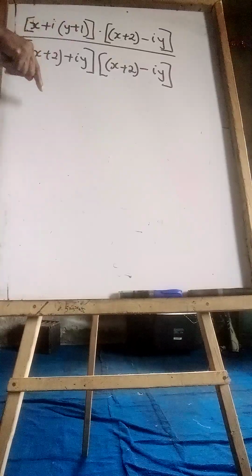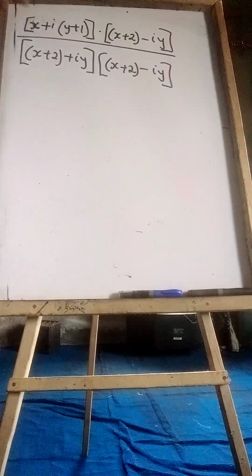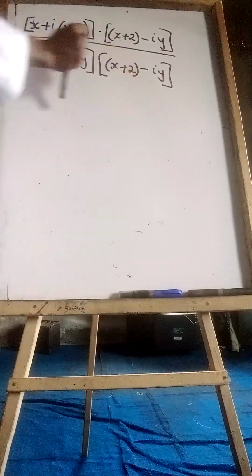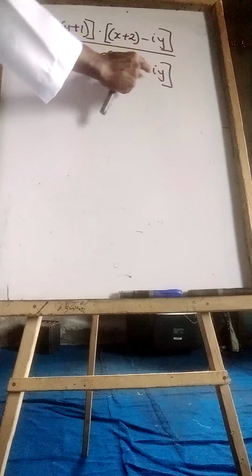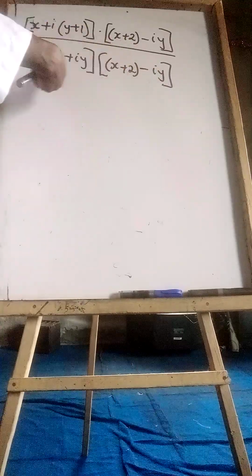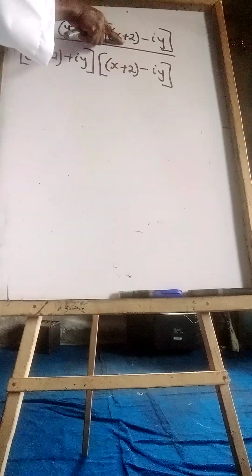So I have to multiply the numerator and the denominator by the conjugate of the denominator. As you can see, (x + 2), positive, negative, iy. So this is the conjugate of this. These two complex numbers are conjugate of each other. So whatever I use to multiply them must be used to multiply up.